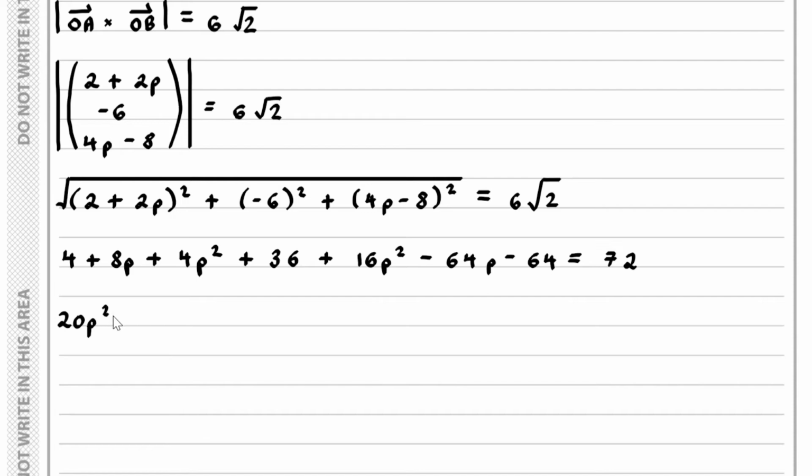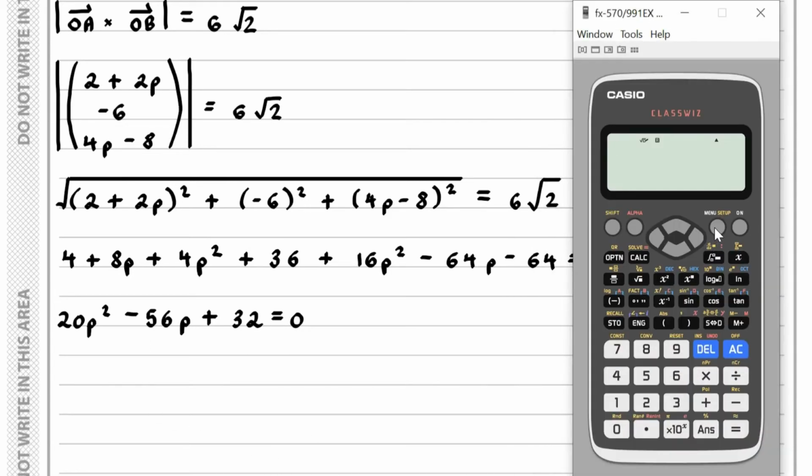We have 20p squared minus 56p plus 32 equals 0. Now let's attempt to solve for p. We have 20p squared minus 56p plus 32 equals 0. So we can see p is equal to 2 or p is equal to 4/5.